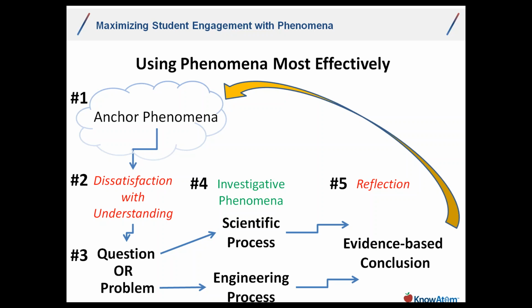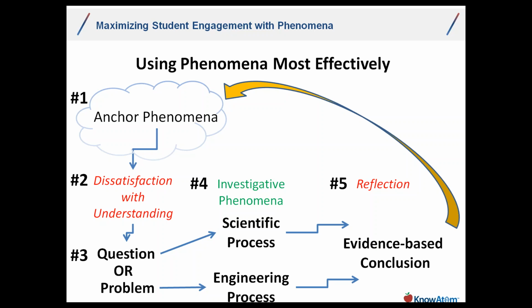But the thing is, it goes beyond that, because we need to reflect back on our problem or question, because that's what the conclusion is about. But it also informs our understanding of the anchor phenomena. Remember, that's how we got started. We were looking at something complex that we wanted to understand, or a problem we wanted to solve. And so we decided to go down a path once we became dissatisfied with what we knew were the solutions that were available.